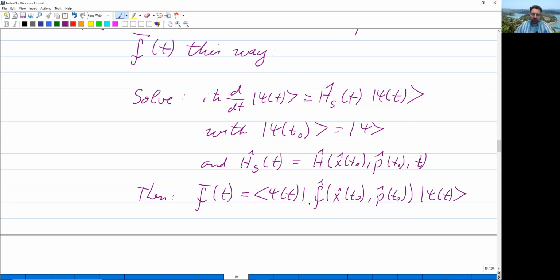Because this is f hat of t naught. F hat is some polynomial in the x and the p. If f hat is simply x hat, well then it's x hat of t naught. If it's p hat of t naught, and if it's a polynomial of the x and the p, then it's the entire polynomial, but every operator is frozen in time.